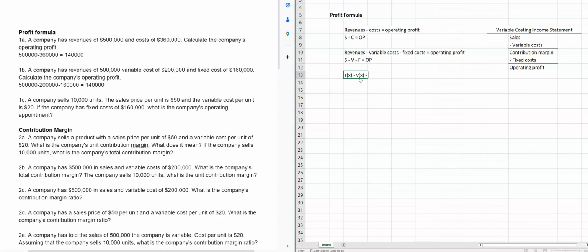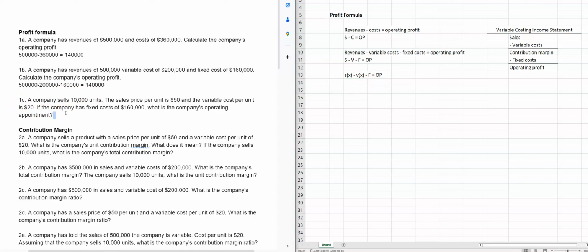Keep in mind, kind of like what you've already learned in the past when it comes to these variable and fixed cost behaviors, variable cost per unit stays the same and total fixed costs stay the same as production changes. So I'm going to leave that as a big F and then big OP. All right.